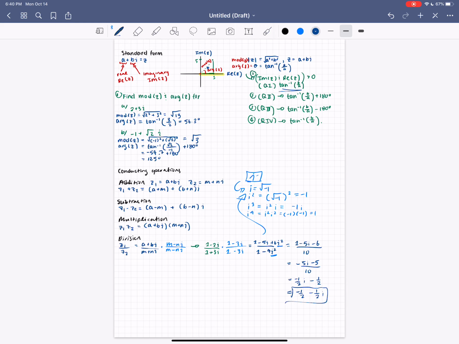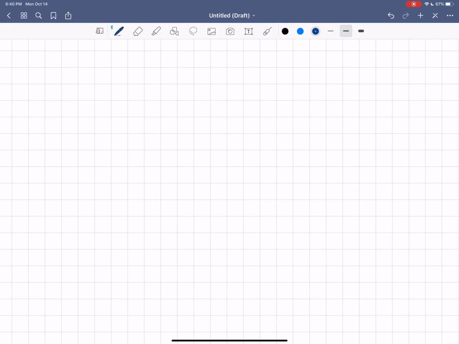Another concept that might be useful to know, especially now that I've introduced this idea of standard form, is polar form. Polar form is another way of expressing a complex number. And as such, polar form is expressed as z, your complex number, equals r (cos theta plus i sine theta).